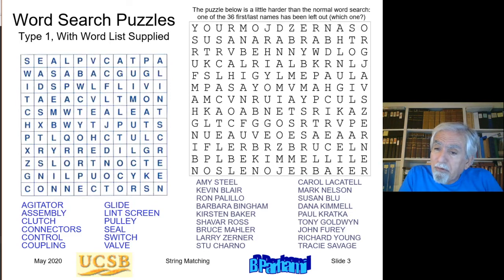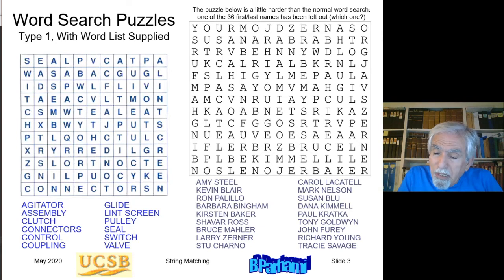There are several variations, and some of these variations are intended to make them a little bit more challenging than the straightforward word search puzzles that even very young people, lower grades in the primary school, can actually do.